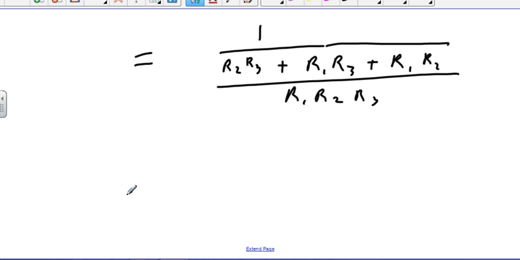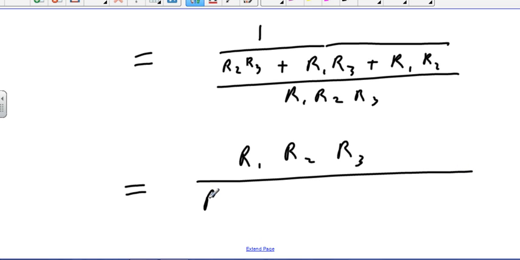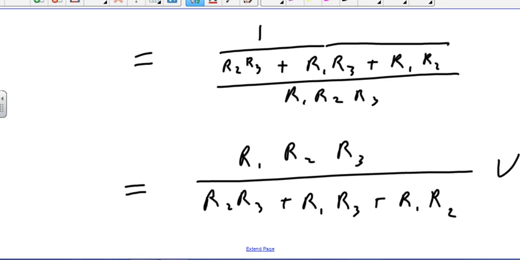And then we could say, well, that's equal to R1, R2, R3 divided by R2, R3 plus R1, R3 plus R1, R2. And we could say we're done there. So either way, either place we're done.